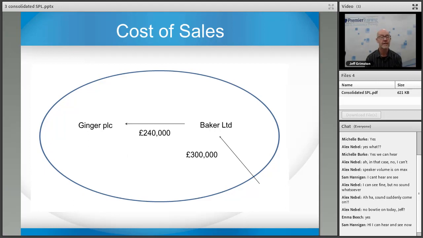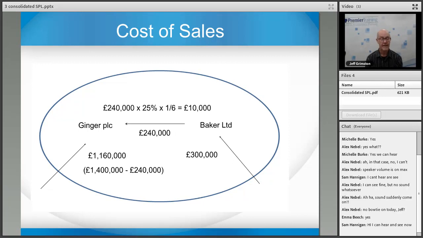We're not worried about that. 240 that was sold by Baker to Ginger means that Ginger's net purchases from outside the group can only have been 1.16 million. And then we've also got to remember that we've got a £10,000 adjustment to make. If anybody's not happy with that adjustment, do shout up. Sam is ready, willing and eager to answer any questions that you have.